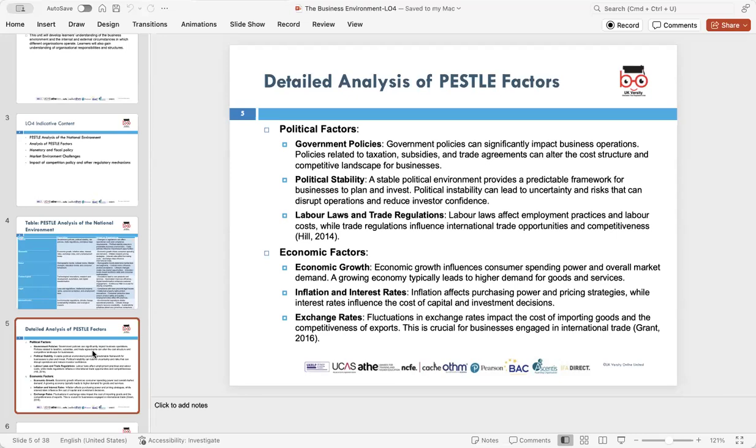Labor laws influence hiring, wages, and working conditions, while trade regulations determine the ease and terms of importing and exporting goods. Understanding political factors helps businesses navigate the regulatory landscape, ensuring compliance and strategic planning.